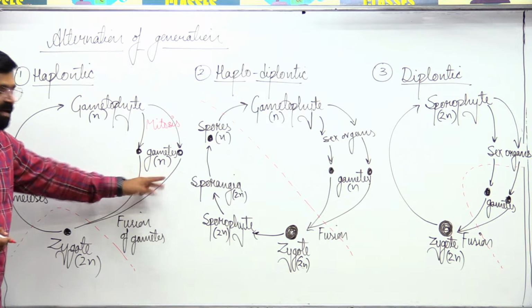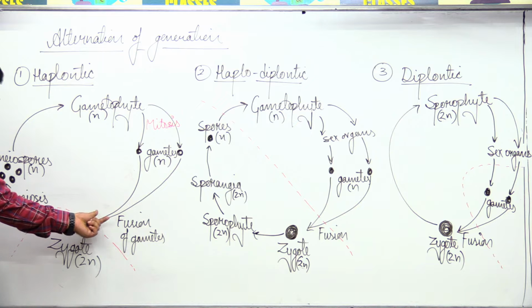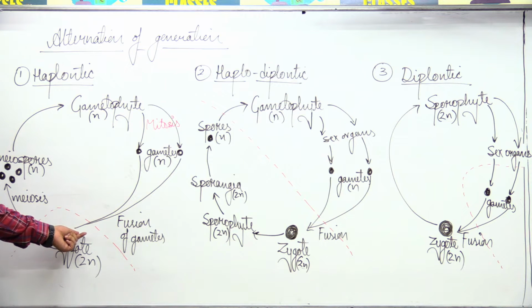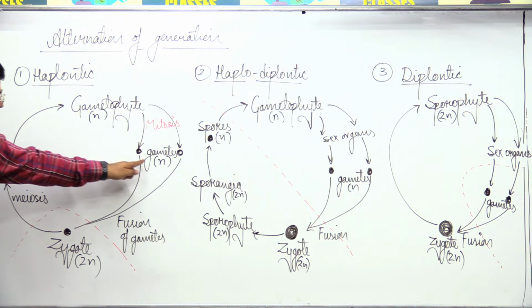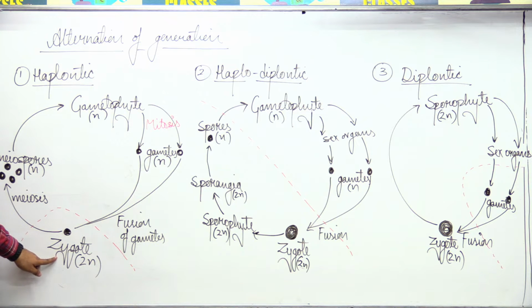Now gametes are ready. Gametes will fuse, fertilization will take place, to form a single cell, and that single cell is called a zygote, because n and n both are fusing. The ploidy of the zygote will be diploid. As soon as the zygote is formed, it will undergo meiosis very rapidly.